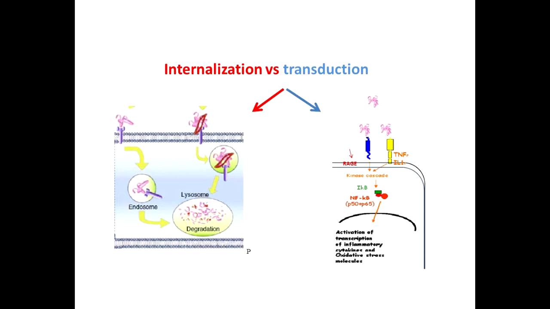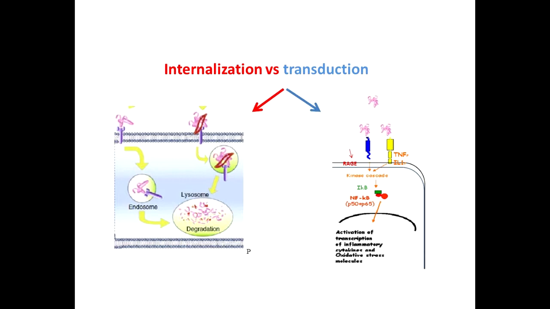It recognizes AA, Alzheimer, etc., the A-beta peptide, and it's a transmembrane receptor. The cytosolic tail is going to trigger a kinase cascade and is going to activate NF-kappa B.